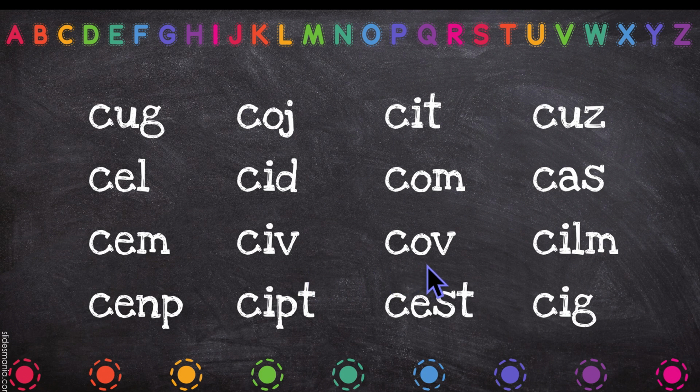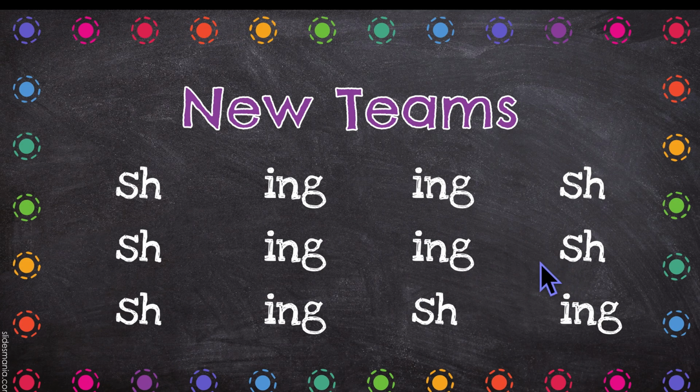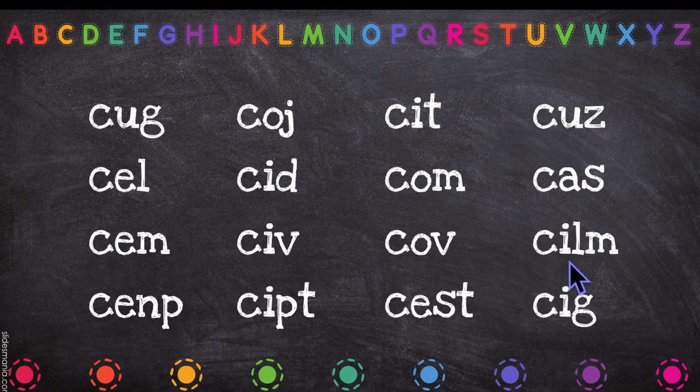E, I, or Y? No, we want the hard C. K. K. Av, kav. E, I, or Y? Yes. So we want the second sound, the soft C.